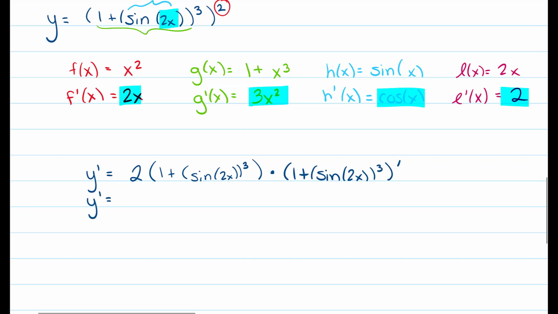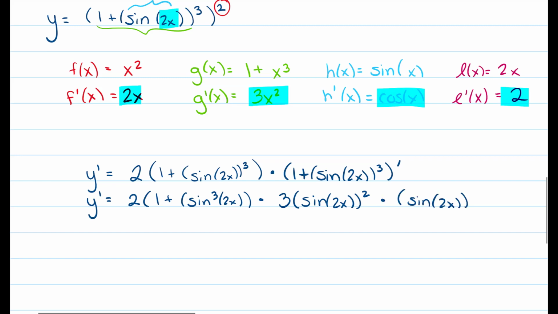So I get y prime is equal to 2 times 1 plus sine cubed of 2x times, and the derivative of this is 3, and then my inside piece, so sine of 2x, the whole thing squared, times the derivative of that inside piece.